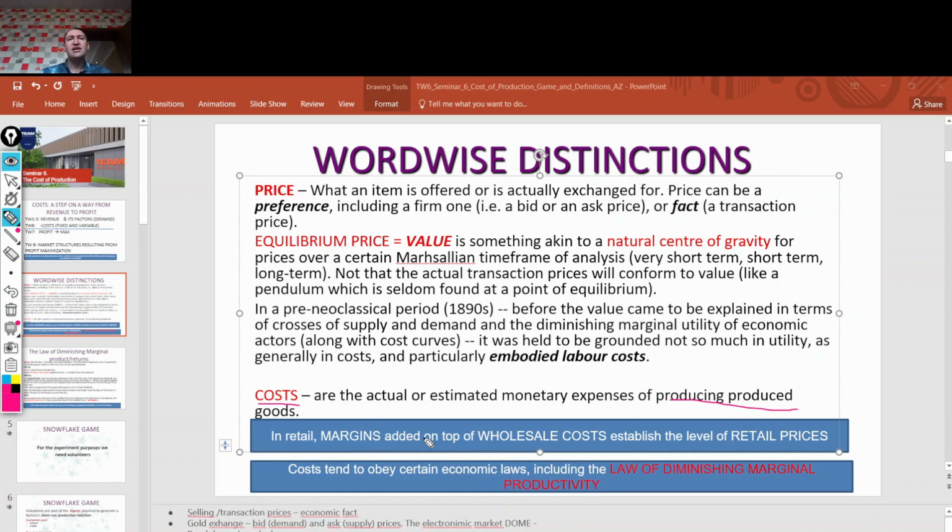And so in retail, there's a certain terminology, like I want to introduce to you the word margin, right? So in retailing practice, you have wholesale costs, and to sell goods on top of resale costs, the retailers put on some margins. They're like profits. So there's this similarity between margins and profits.